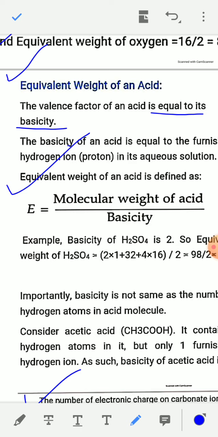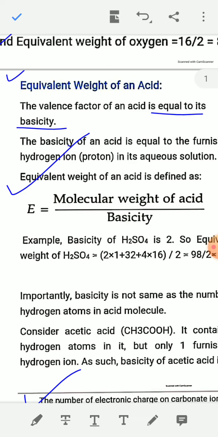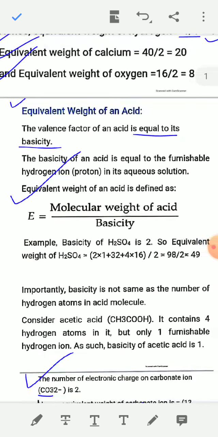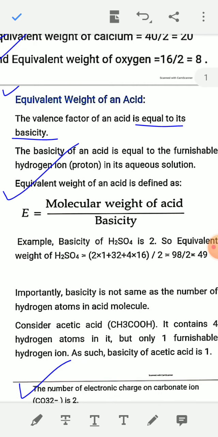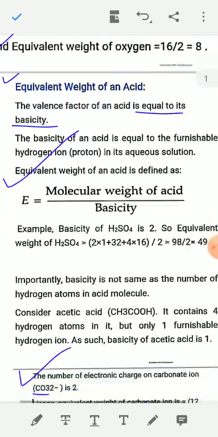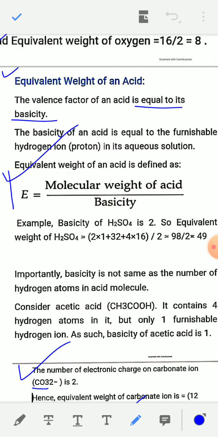Basicity is equal to the number of ionizable hydrogen ions, H+ ions, that is protons, present in an acid. So basicity means the number of ionizable hydrogen atoms which can be released in aqueous solution. So equivalent weight of an acid is molecular weight divided by basicity.